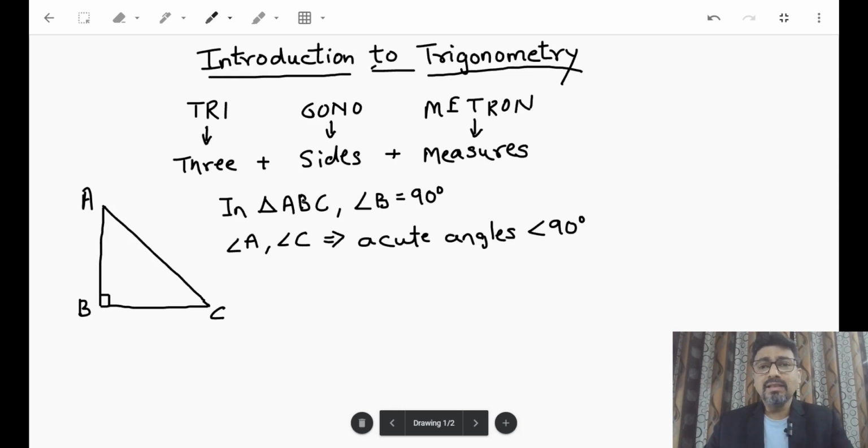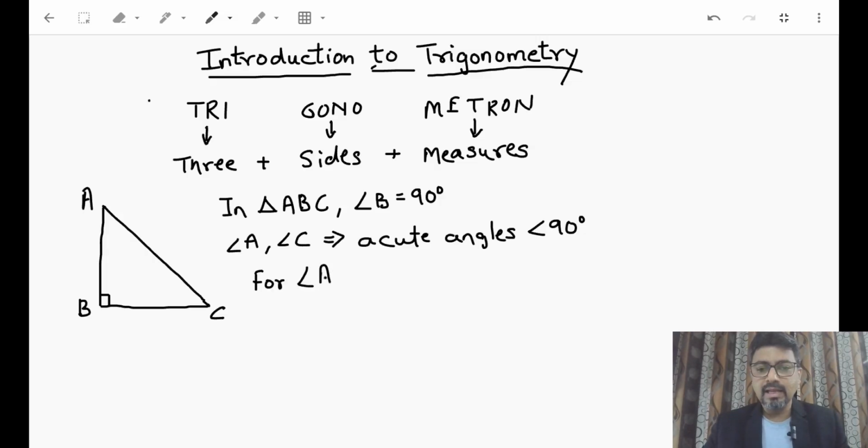Now, we will be naming the sides, correct? But while naming the sides, we'll be considering one of the two acute angles at a time. Which are the two acute angles? Angle A and angle C. So, I will say for angle A, what will be the side AC?